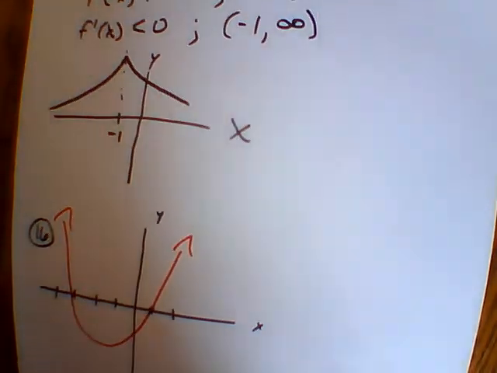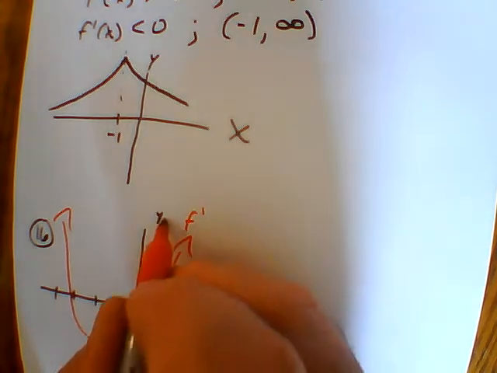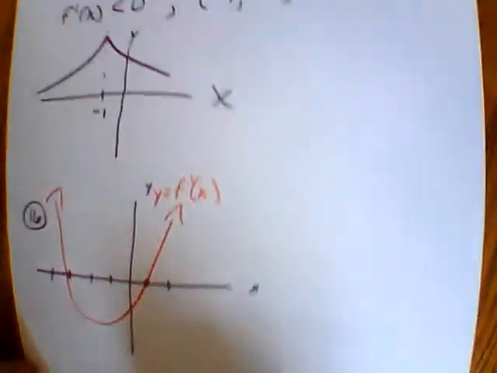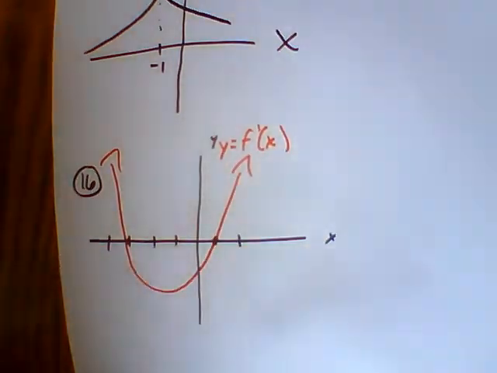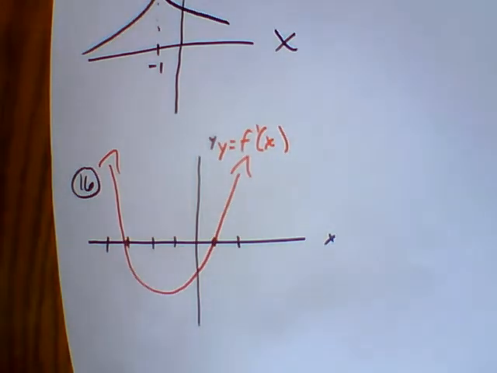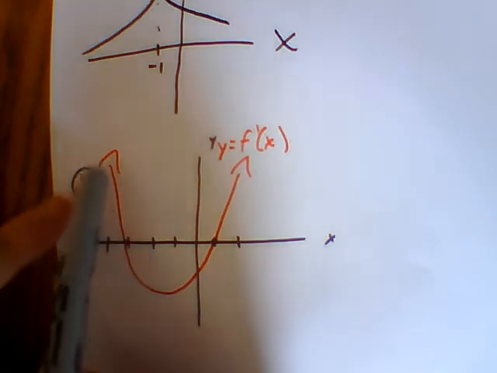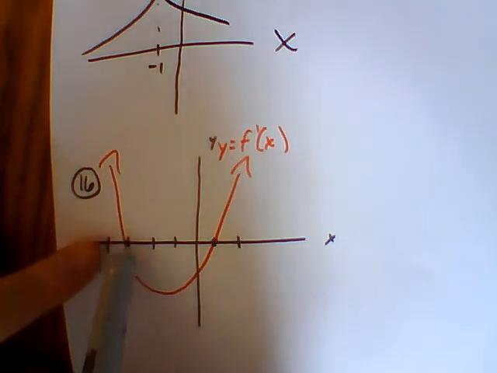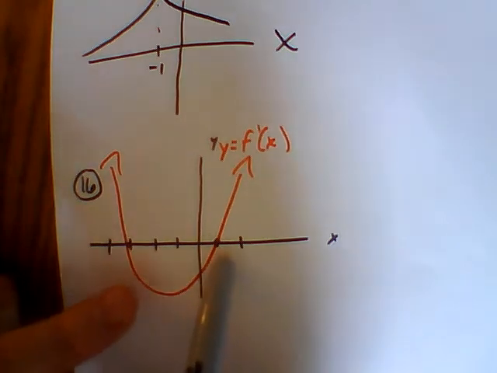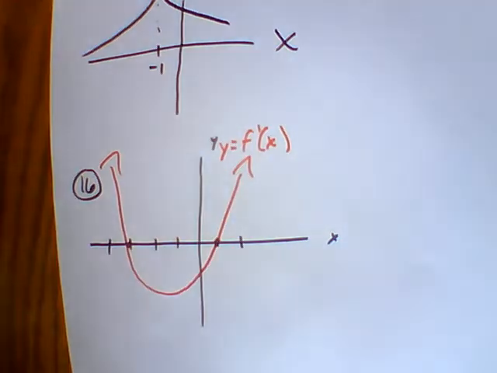They tell us that this is the graph for y equals f prime of x. So that means we have positive slope going to a slope of 0, and then we got a negative slope in this section, and then we have a slope of 0, and then we have positive slope in here.